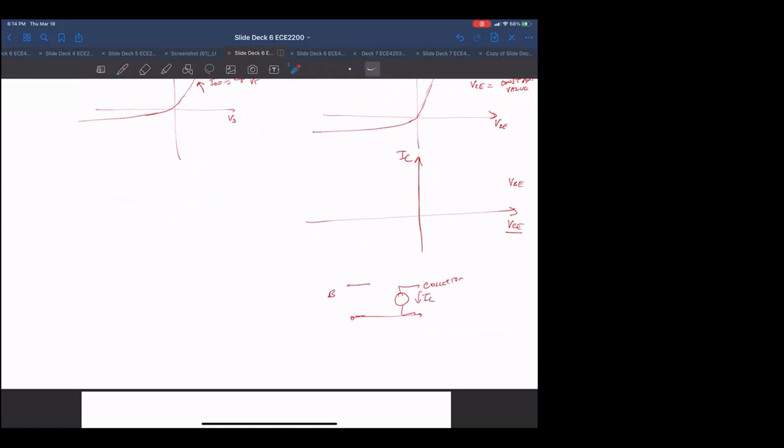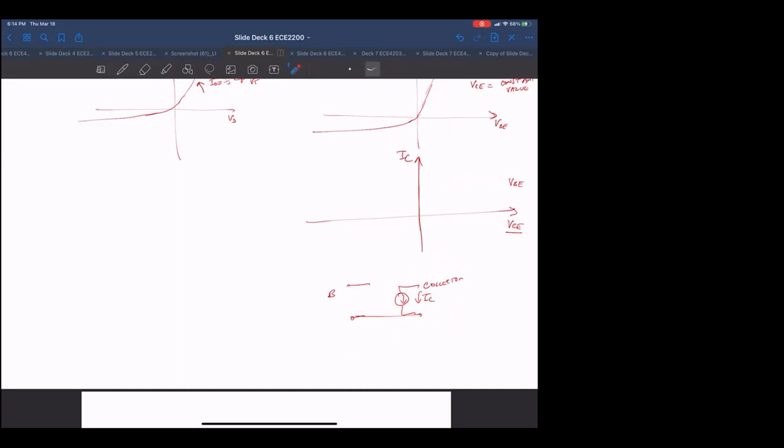So basically this curve here is what happens if I take a current source and vary the voltage across it. And if you guys remember, the very definition of a current source is something that has constant output current regardless of the voltage across it.